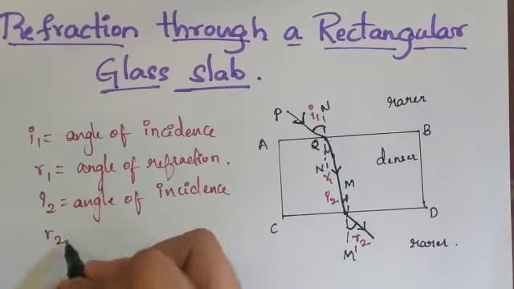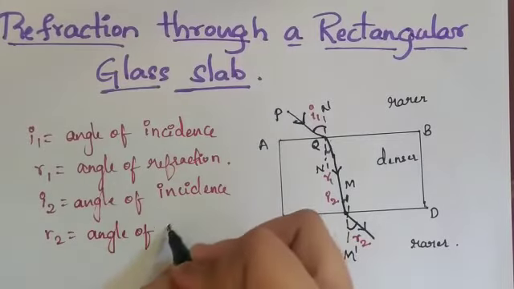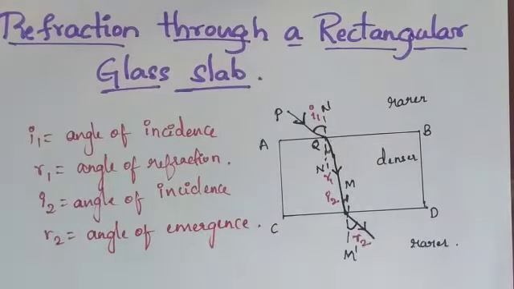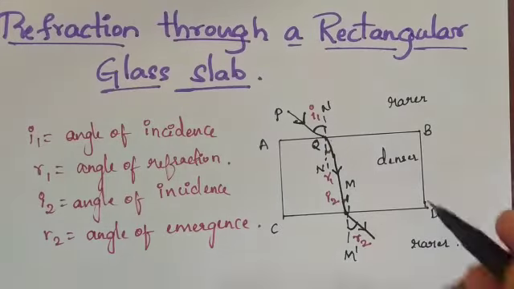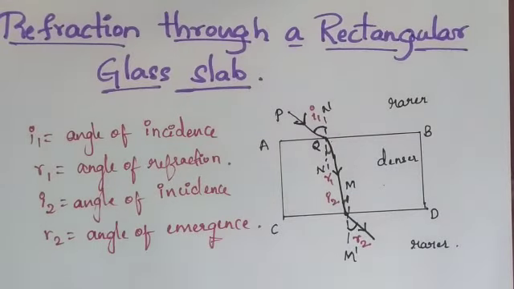This R2 is the angle of emergence. This is not the angle of refraction we are going to say. We are going to say angle of emergence, because the light has been emerging from denser medium to rarer medium.